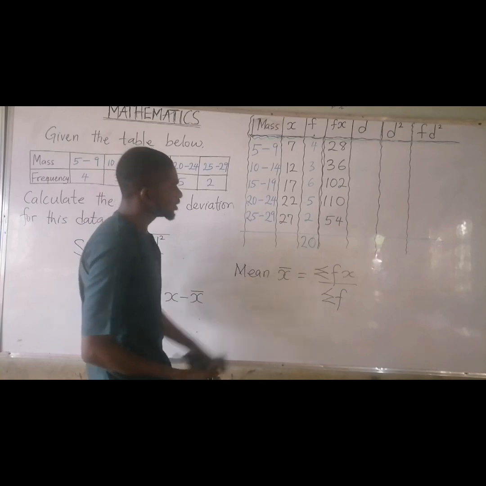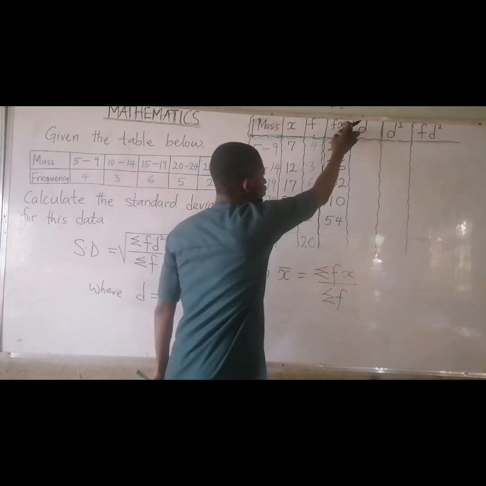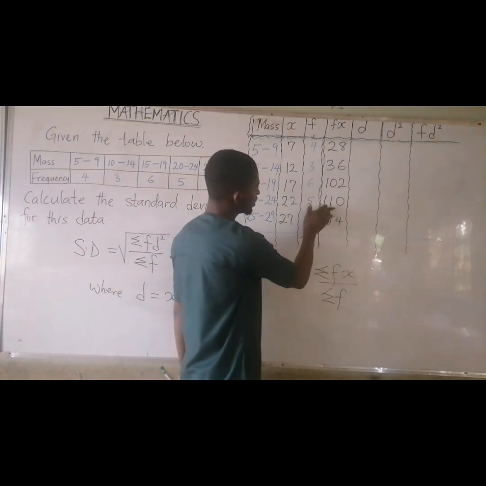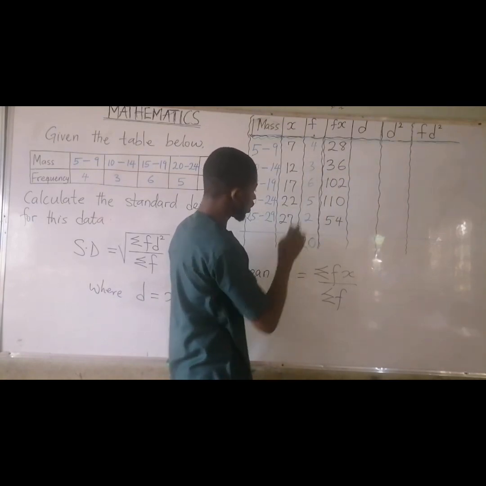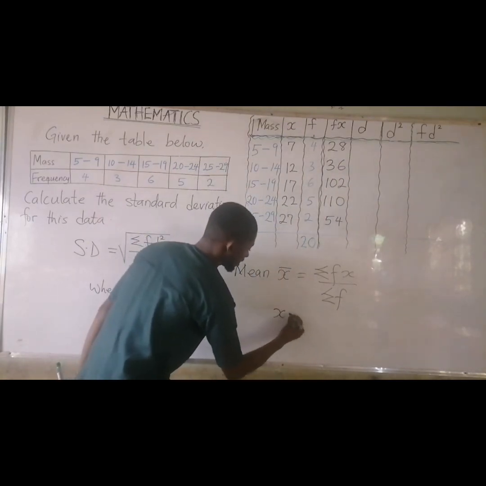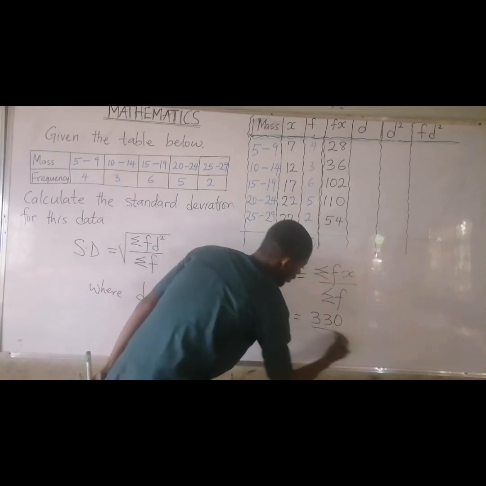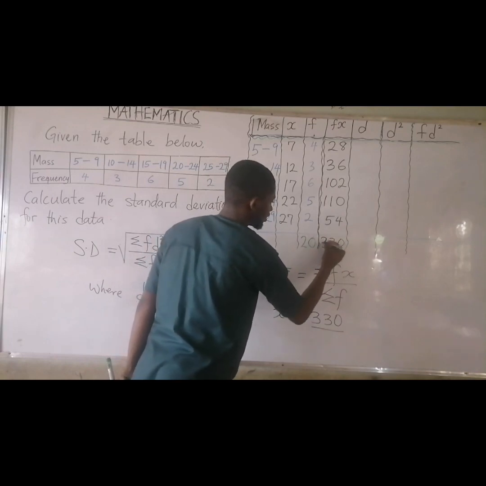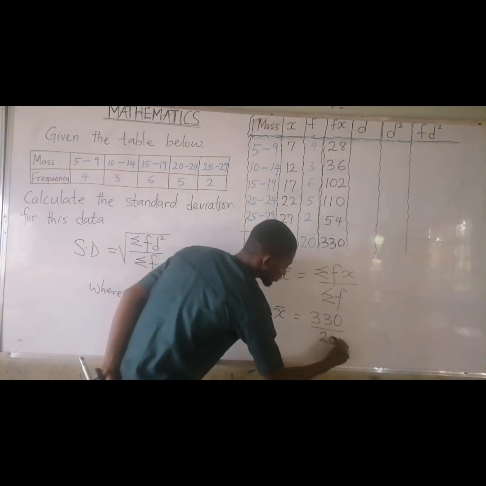But before we can determine the D, we need to determine the mean. To determine the mean, we have to sum up all these values together. This plus this plus this plus this plus this. That will give us X bar is equal to 330 all divided by 20.